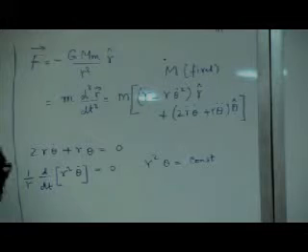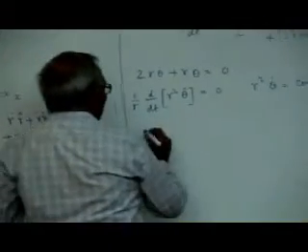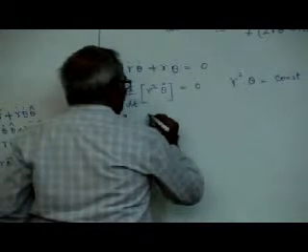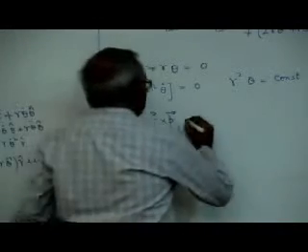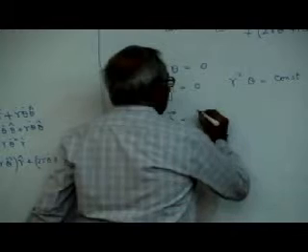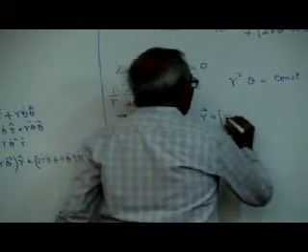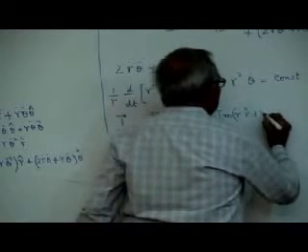This is nothing but the angular momentum of the particle apart from the mass. What is the angular momentum? Let me take the magnitude of the angular momentum. The angular momentum vector is r cross p, and r cross p is nothing but r cross m times (r dot r cap plus r theta dot theta cap).